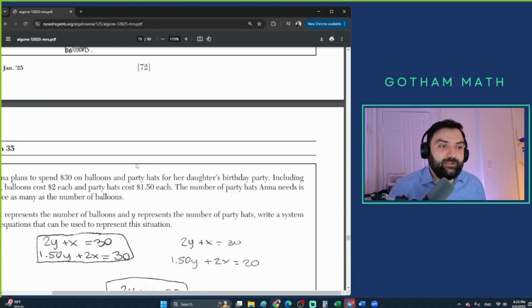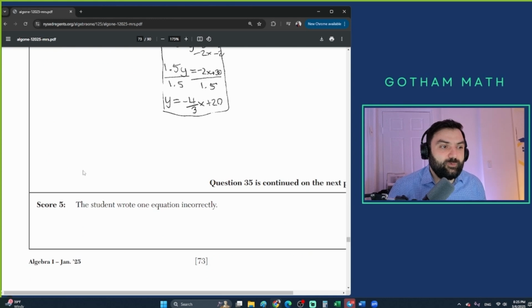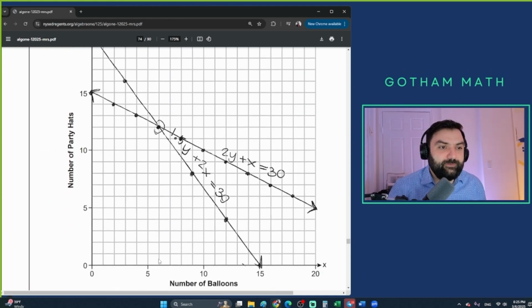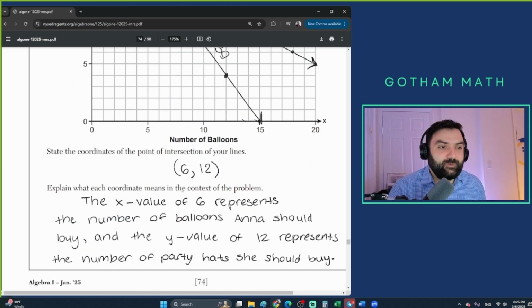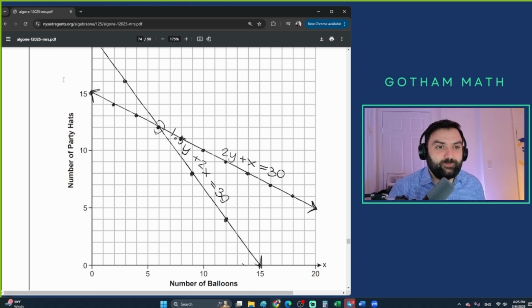Let's see another one. This was score 6. So what is score? Oh, this is score 5. Score 5 has one of the graphs wrong. Although I don't know. Oh, this is just some lucky stuff because the person got the correct intersection point even though having a wrong line.